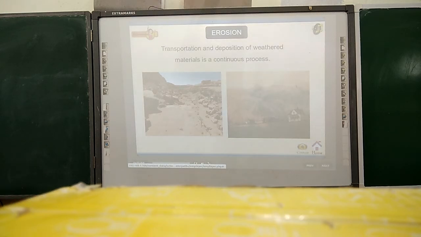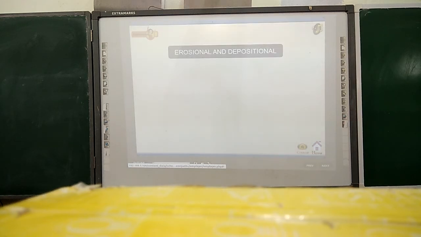That is why you can find sand dunes in the deserts. So wind is also one of the major factors for erosion. We will now study the erosion and depositional works of the river, sea waves, glaciers, and wind in detail.